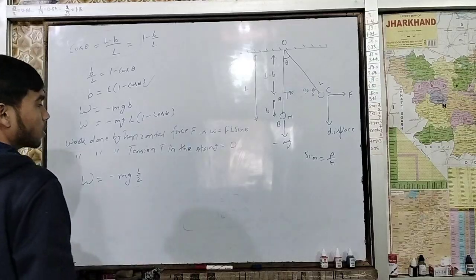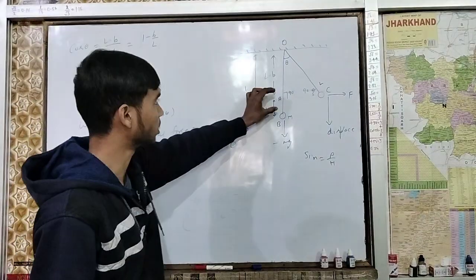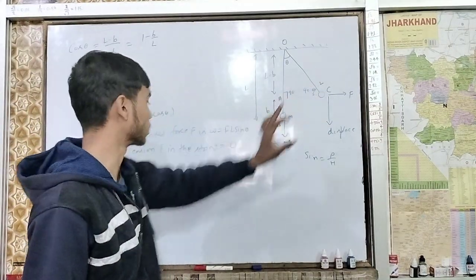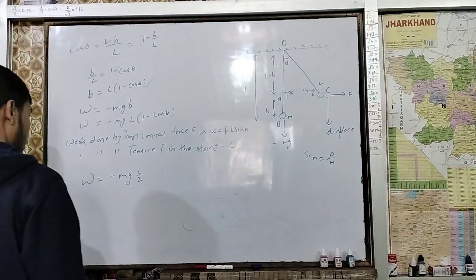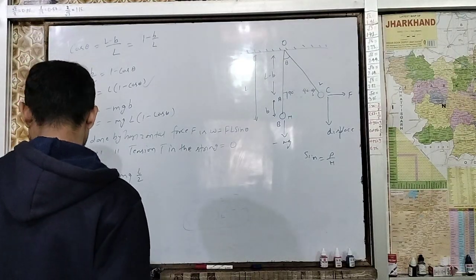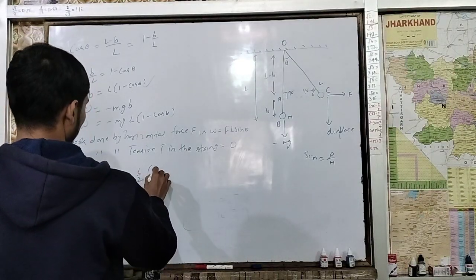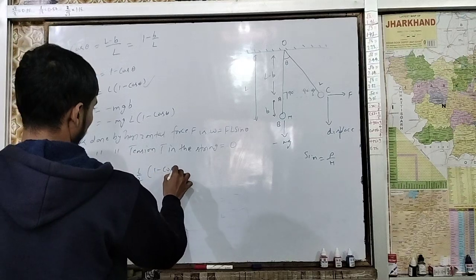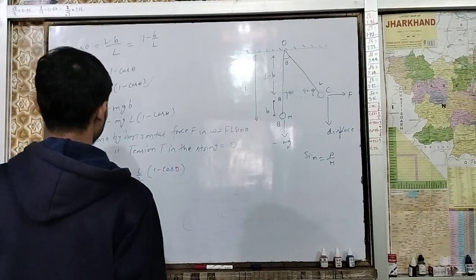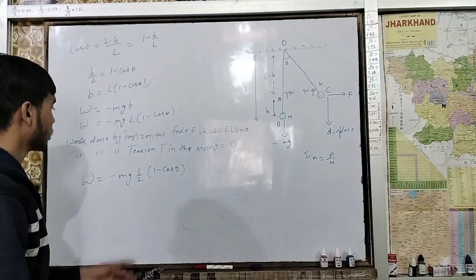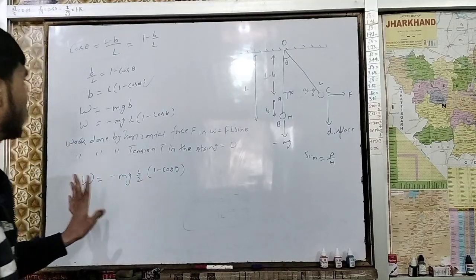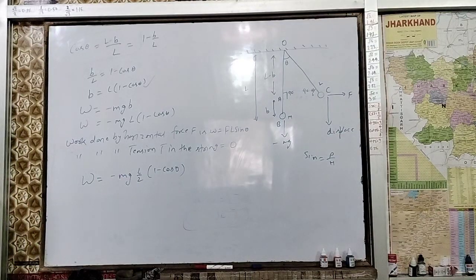Only half the rod rises, so the length becomes half, L upon 2, times (1 minus cos theta). Clear? Only the length becomes half. That's it.